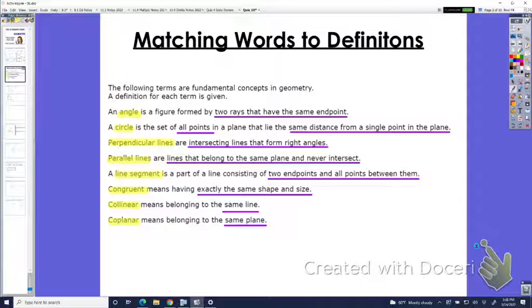Perpendicular lines are intersecting lines that form right angles. Parallel lines belong to the same plane, but they never intersect. A line segment consists of two endpoints and all the points in between. Congruent means having the exact same shape and size. Collinear means they're on the same line, and coplanar means they're on the same plane. So you will need to match up some definitions and words there.